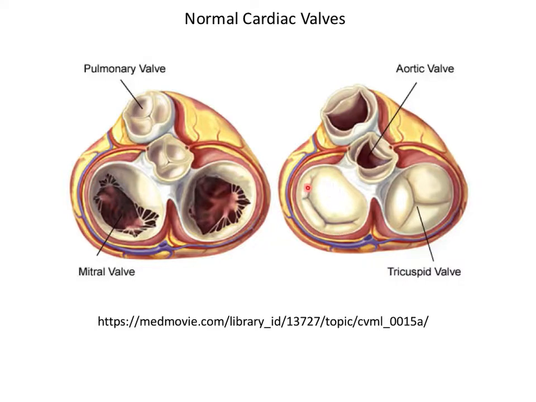There's probably 1 million people walking around in the United States that have a mitral valve that is in need of repair, right? And that causes problems in the sense that the blood isn't just going up the aorta, it's going back towards the lungs, and it causes heart failure, etc. So this is a primary problem. Another primary problem is aortic valve stenosis, and we'll take a look at that in some detail.